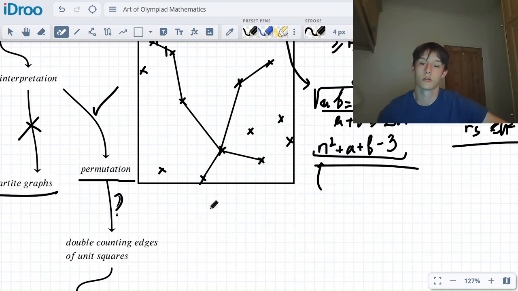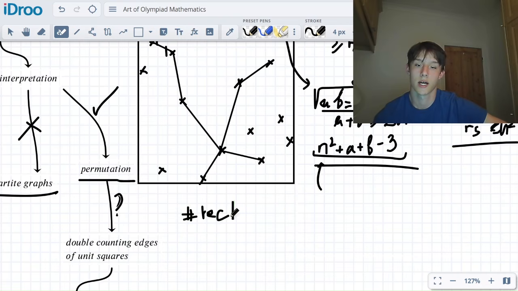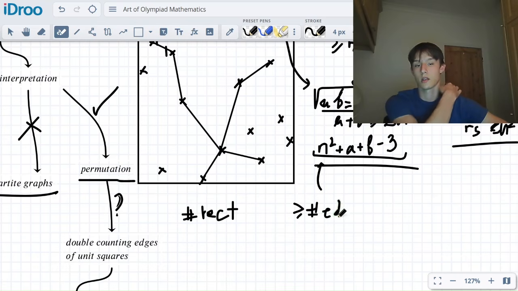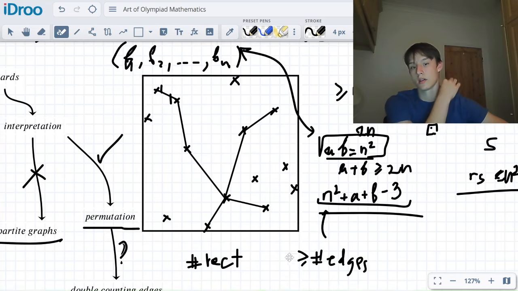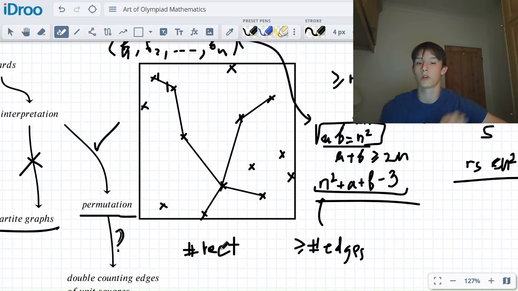So what we want to do is bound the amount of rectangles by the amount of edges. And because we don't have that many edges as a whole, we probably want one rectangle for one edge, not one rectangle for two edges.